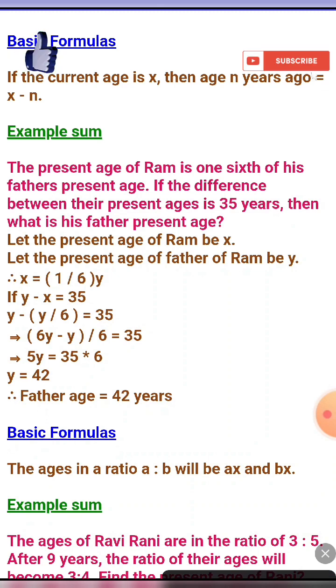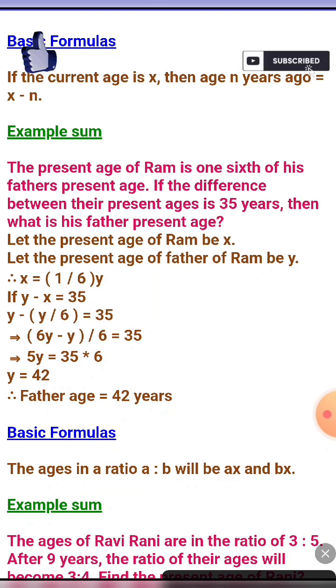Hence, the other logic is the difference between their present ages is 35 years. Difference means his father's age is definitely bigger, so y minus x, his father's age minus Ram's age, is equal to 35 years.